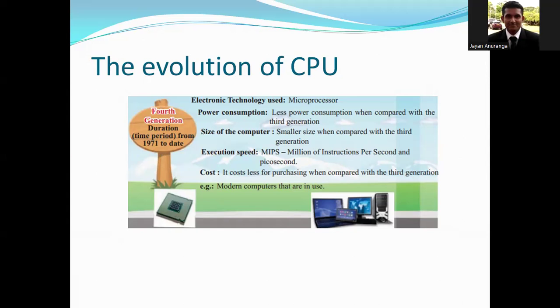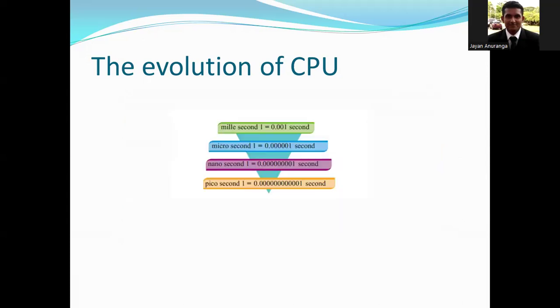Modern computers that are in use are examples of this generation. We can give the speed of a computer in milliseconds, microseconds, nanoseconds and picoseconds.